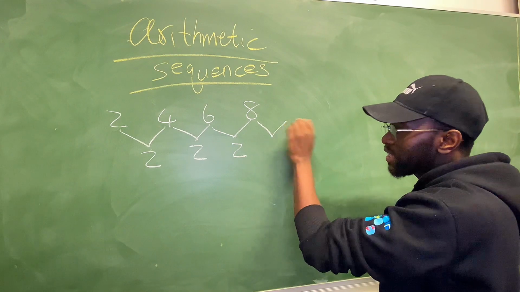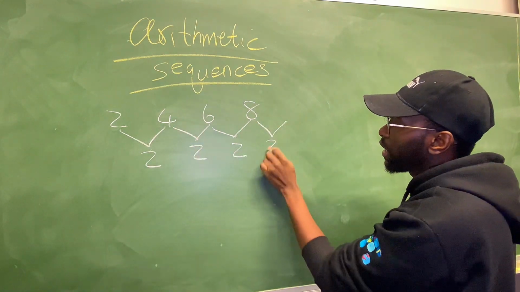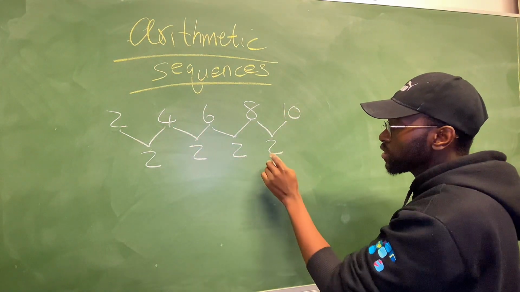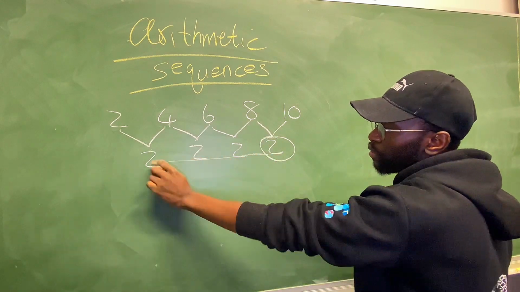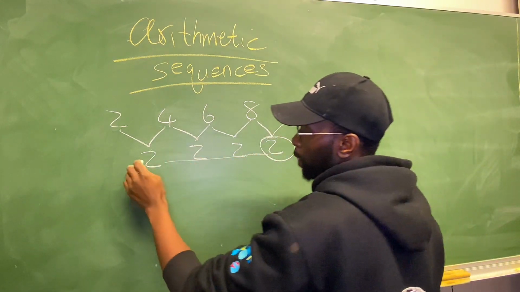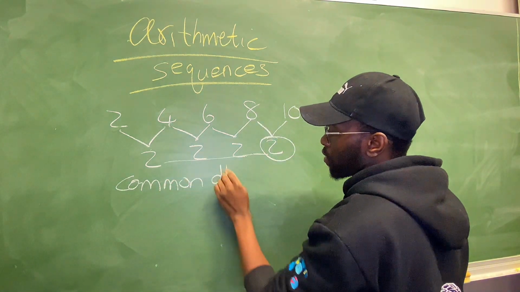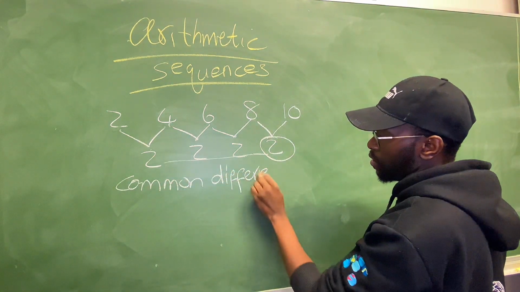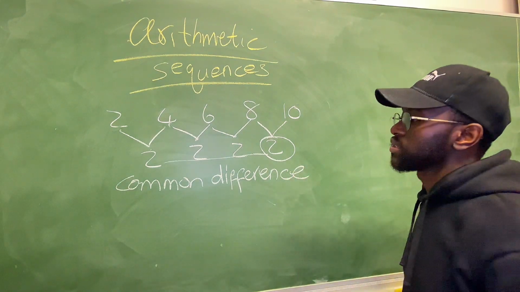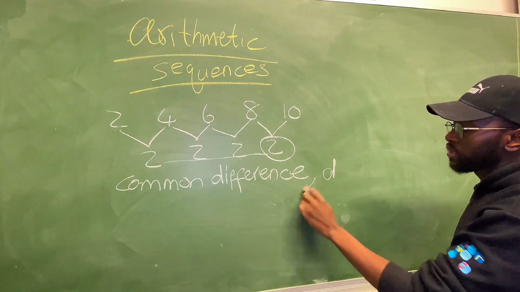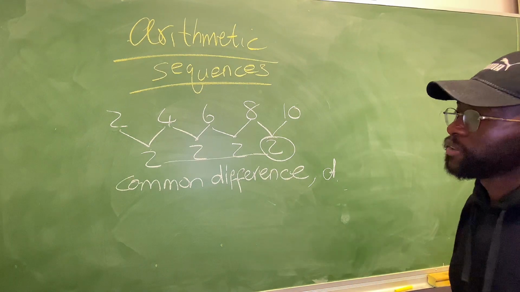So even to get the fifth term you will add this constant value, and we call this the common difference. We denote it by D.